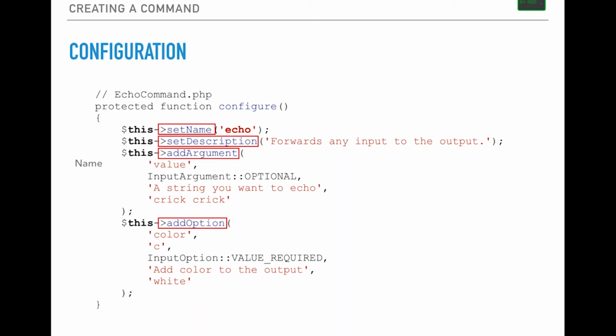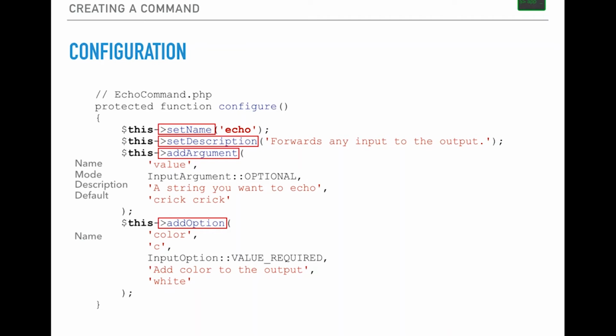These require a name, a mode, a description, and potentially a default value. If the mode is optional, then you can use a default value. If it's required, then we can't put a default value.